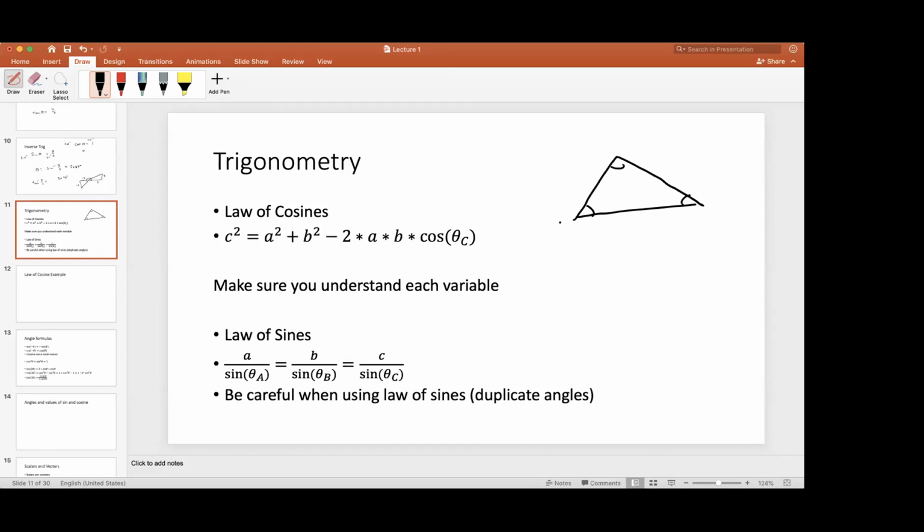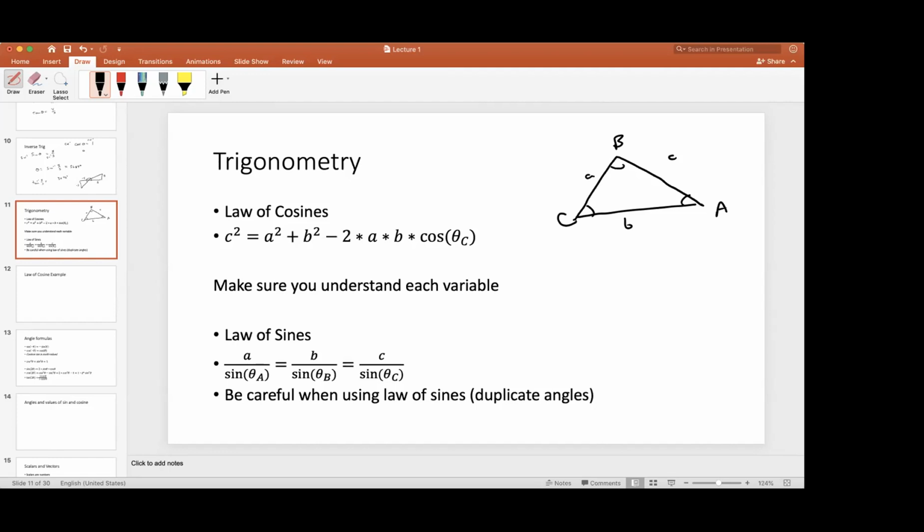We typically label this, I'm sorry, I did that backwards. We typically label this length from here to here as little c, and this angle is our big C. This one is B, and so this angle is our big B, and this is A, so that's A. The point here is you have to label it that way.